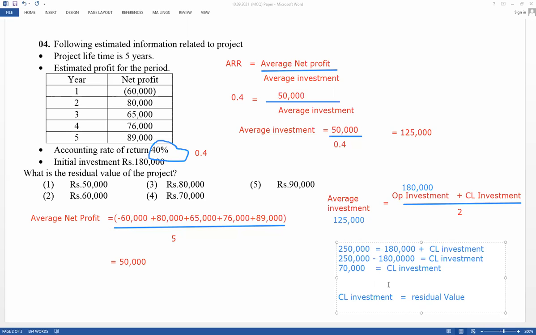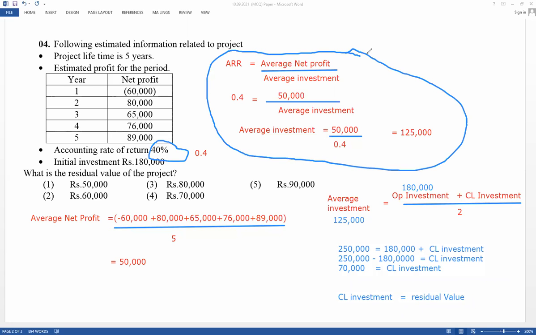Think, accounting rate of return is relevant for project evaluation. The first equation: ARR equals average net profit divided by average investment. By using this information, the average investment can be calculated. How to calculate average net profit: total net profit divided by number of years.